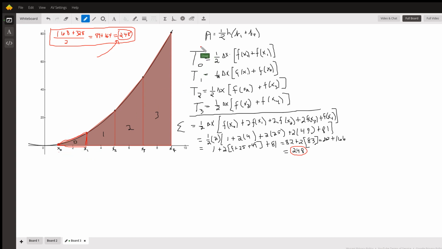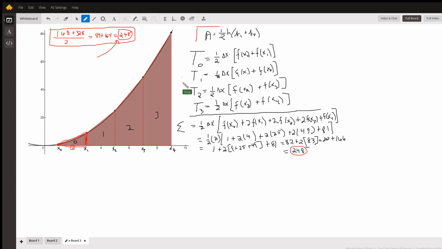And the formula for the area of a trapezoid, one way to write it is 1/2 the height, which in this case is 2, times the sum of the 2 bases. So for trapezoid 0, 1/2 delta x, that's the height, times the sum of the 2 bases. Well, the 2 bases are f of x sub 0 and f of x sub 1.